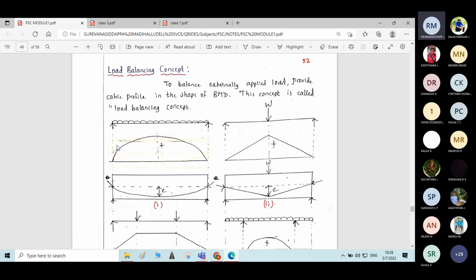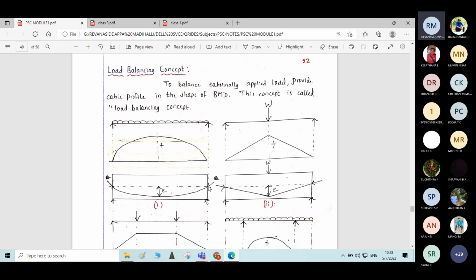So while providing the cable profile so as to counteract the moment due to this UDL, if we provide a cable profile similar to the profile of the BMD but in the opposite direction, then it will be very effective in handling the moment due to live load.